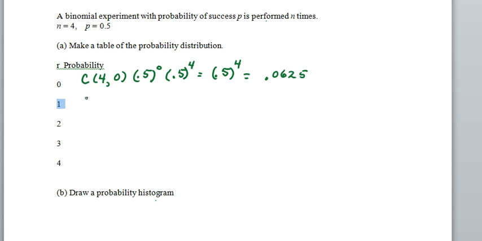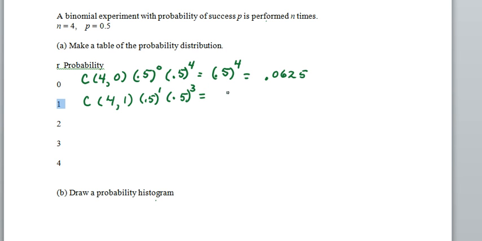In the second case, it will be the number of combinations where we have n trials and 1 success is chosen. So 0.5 to the 1 times 0.5 to the 3.